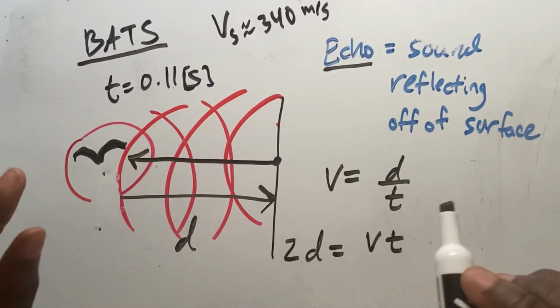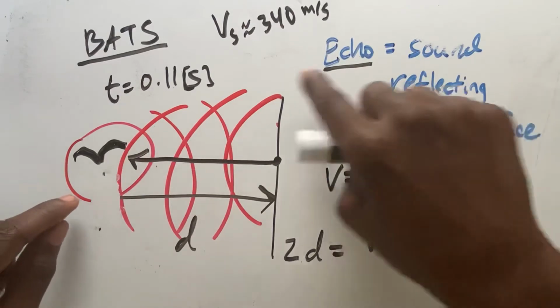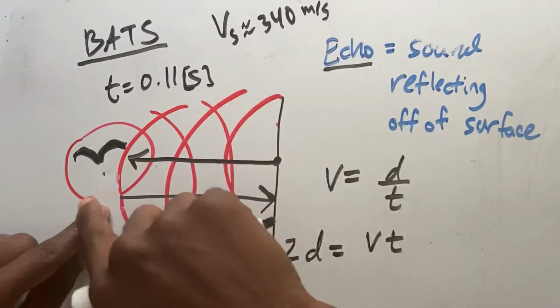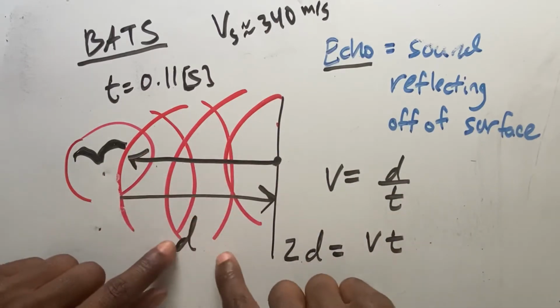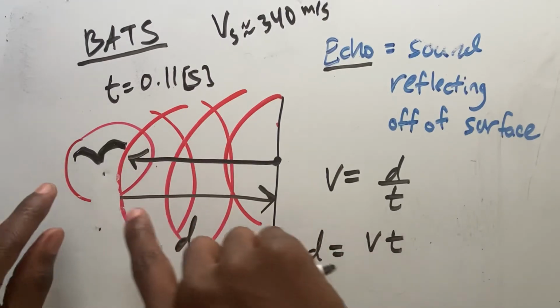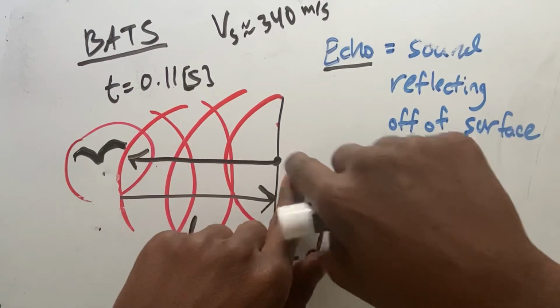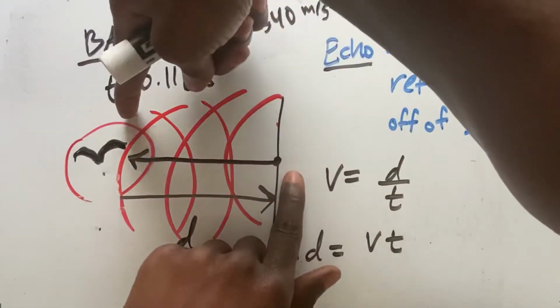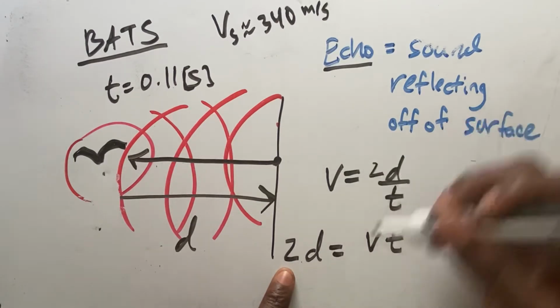Hope that makes sense. Since it's an echo, we know the time it takes for the sound to go from the bat to the wall and then back to the bat. So the distance traveled is actually 2D, because going this way is 1D, and then going from here back here is another D. So this should have been 2D.